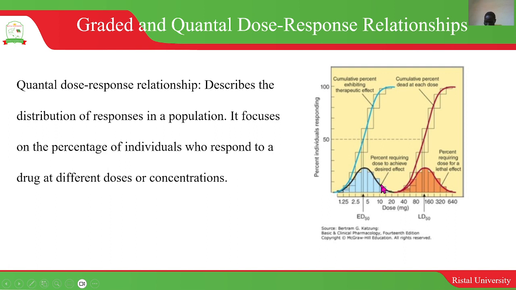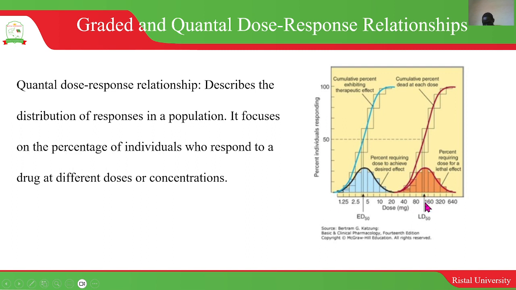Here our ED50, which is the midline, is here. So we can take this measure as our wanted response. If 50% of the individuals respond, the interaction of this line with this one gives us a measure of the safety dosage of this drug.